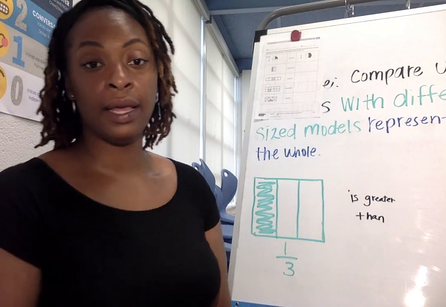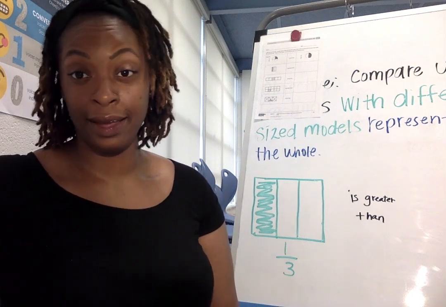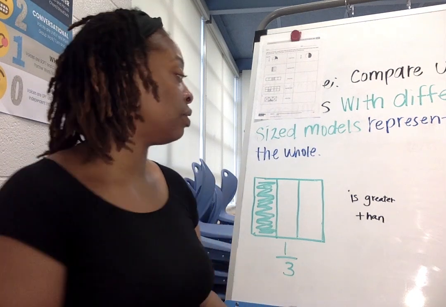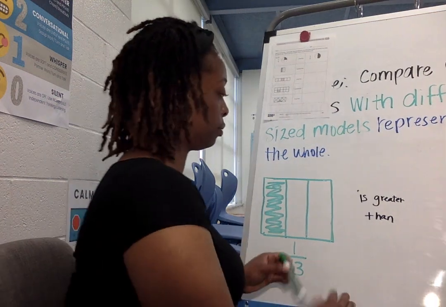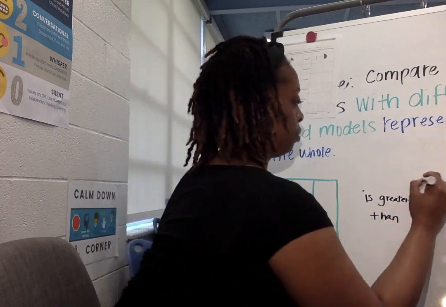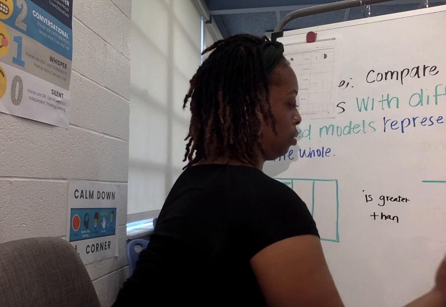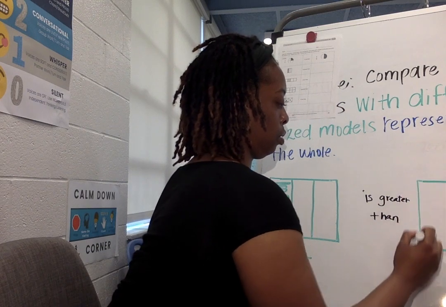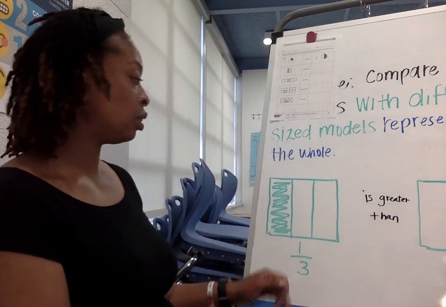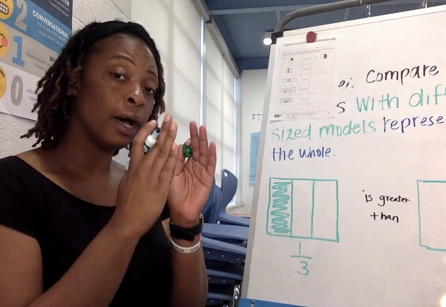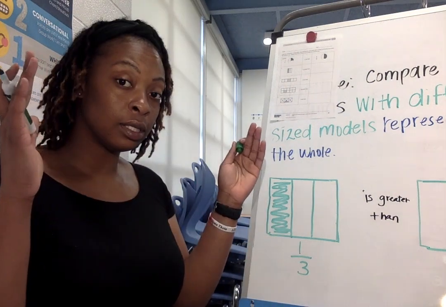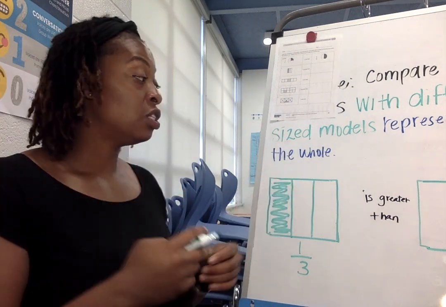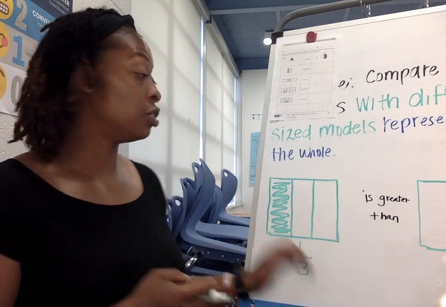1/3 is greater than what? If we still had to use a square, okay, we know that 1/3, looking at 3, is a small number, so the section is larger. So we can still use a square.